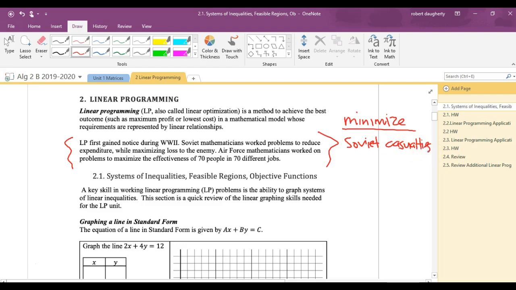Okay, there's also a list of things they might want to maximize. What would they like to maximize? Yeah, so in this particular war, they would like to maximize German casualties. Okay, so you went straight to the blood and guts of it.